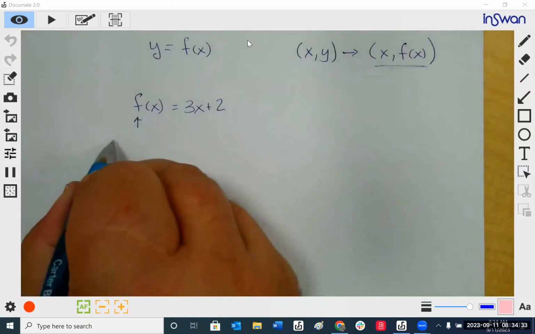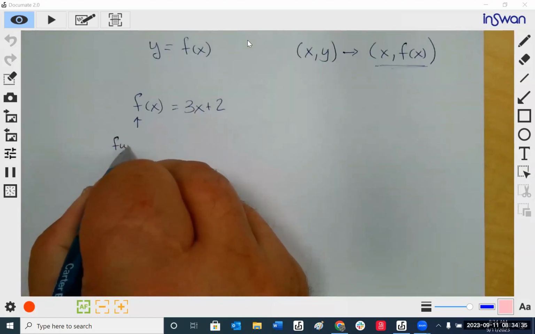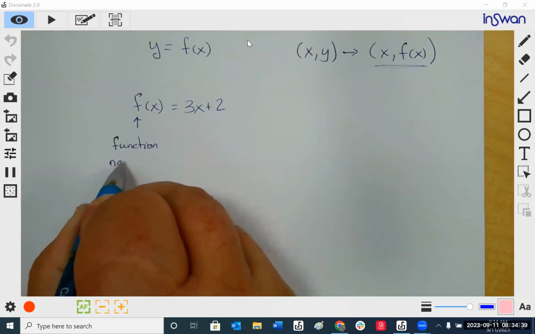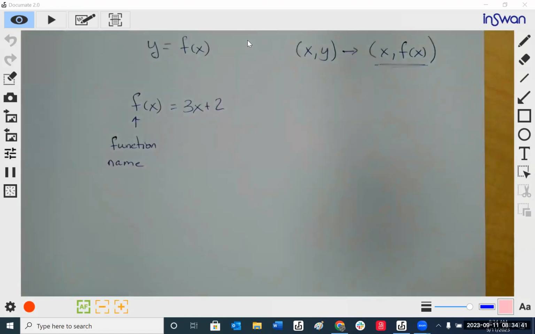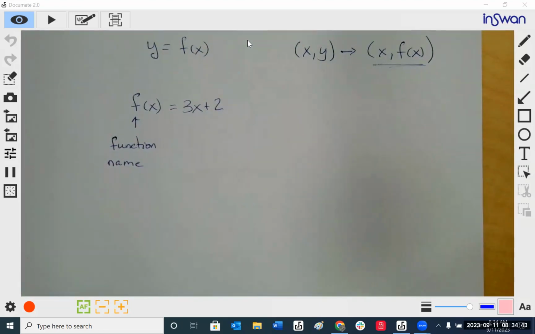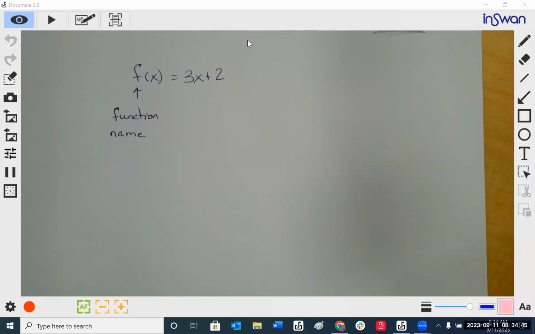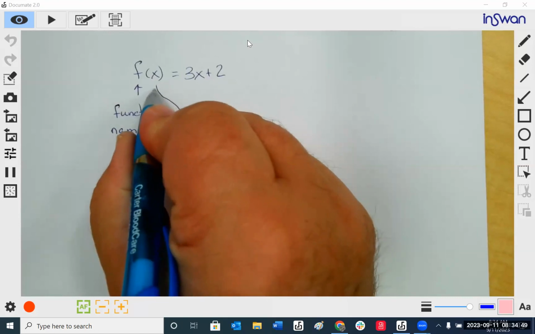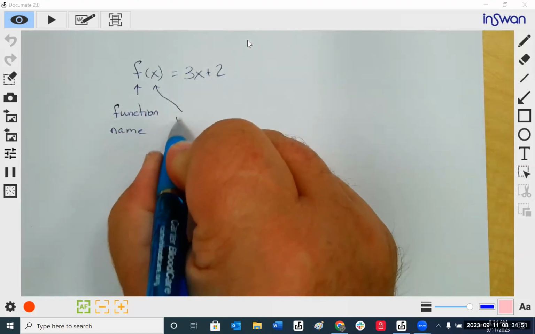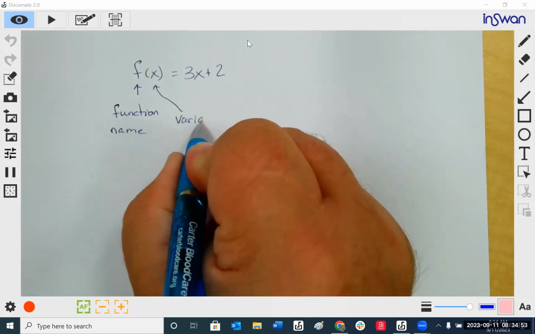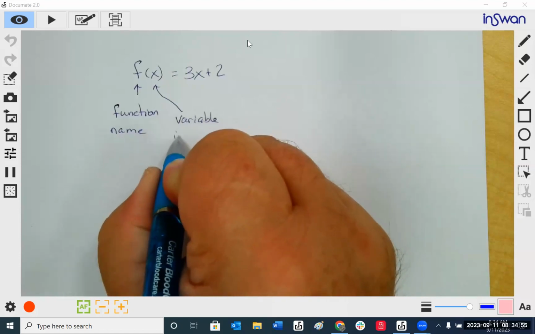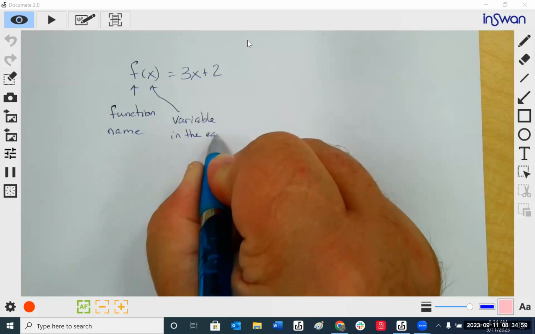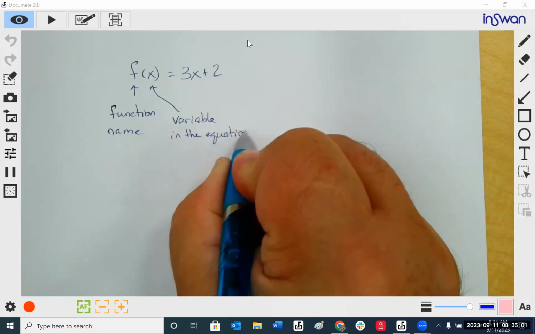The letter f is the function name. Whatever's inside the parentheses, that's the variable in the equation.